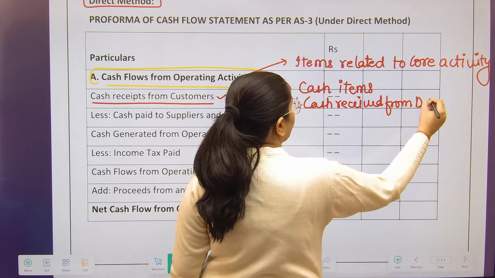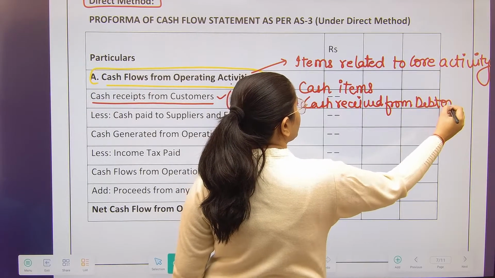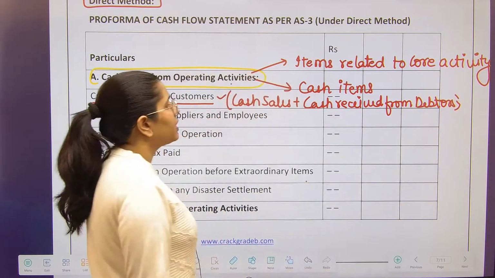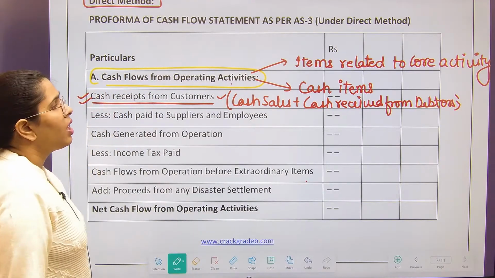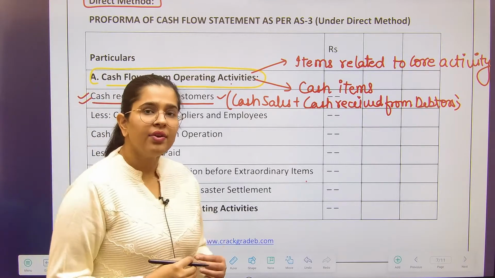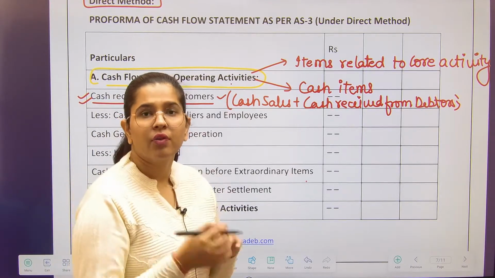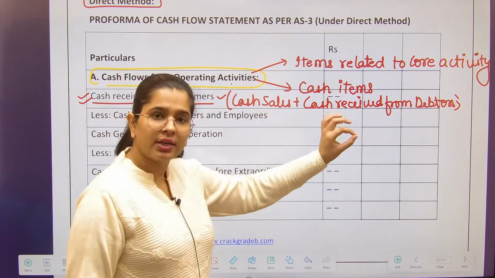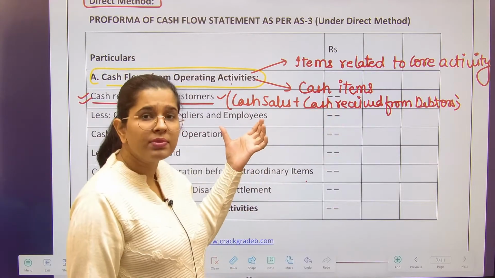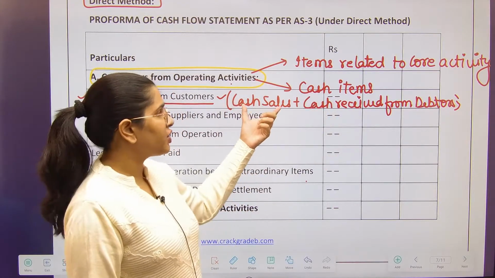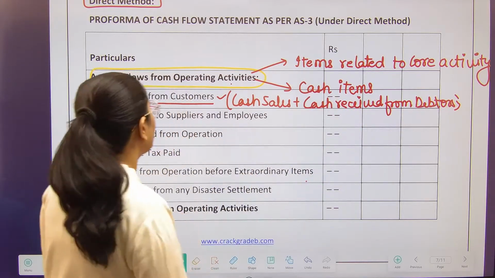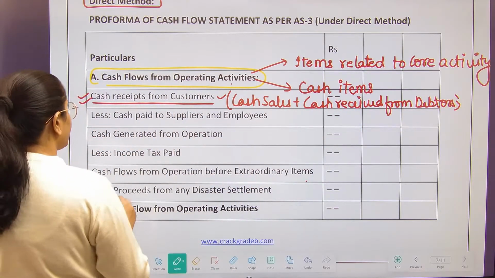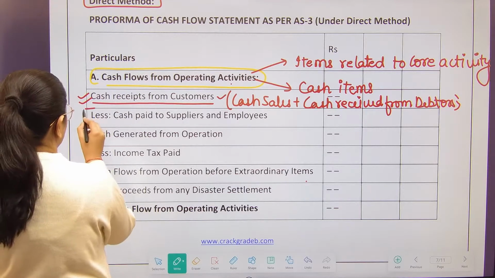Because it is the direct method, I am taking all the things which are relevant for me. So first, I have taken my revenue. The income, the money which I am going to receive from selling the product in my business, will be from sales. So that's why cash sales plus cash receipt from debtors is my first item. Next, I will take all the expenses.